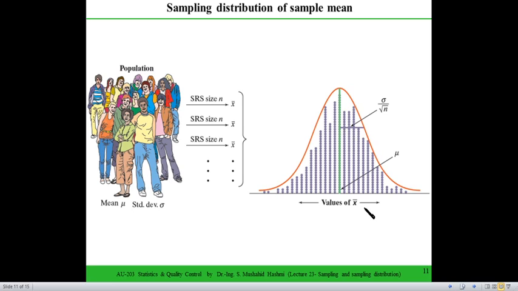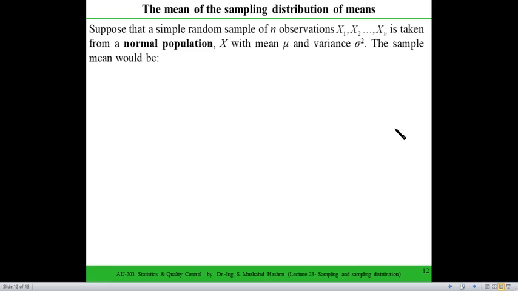We call it the sampling distribution of the sample mean. So the standard deviation of the sample mean would be calculated by the formula sigma over root n. We can see the mean and the variance of the sampling distribution of the means.